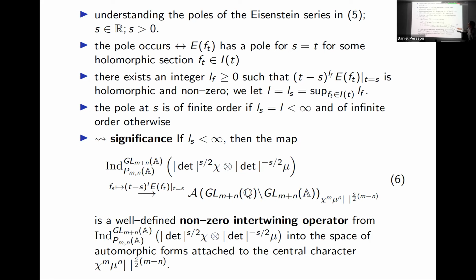Actually, infinite situations can really occur, but in the right half plane, terrible things can appear even for GL_2. So we look at s bigger than 0. What we know is that this normalized Eisenstein series, when we remove the pole, is a really well-defined nonzero intertwining operator from this parabolic representation to the space of automorphic forms with this central character. Okay.